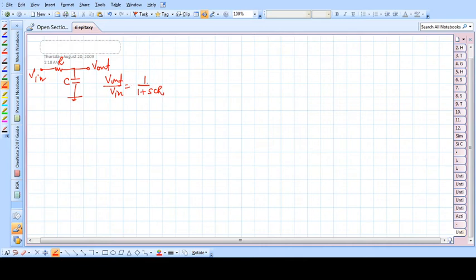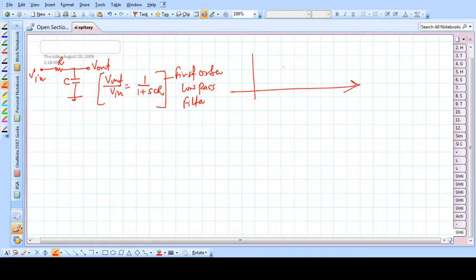So this one is your first order low pass filter, having the corresponding frequency response.